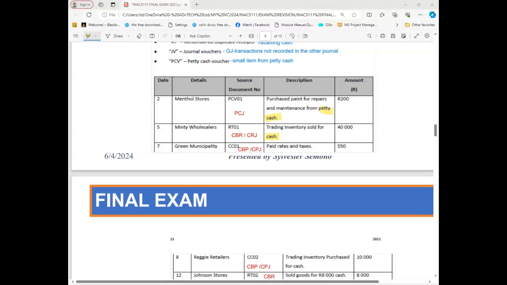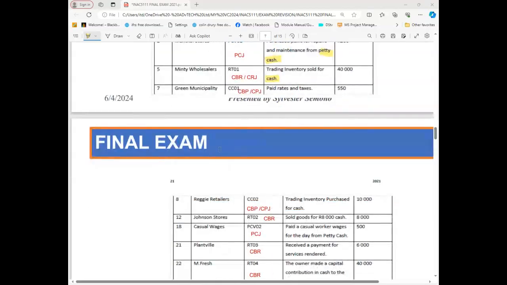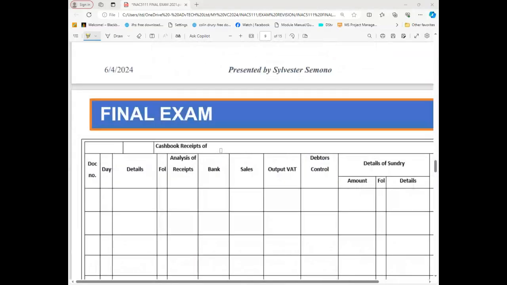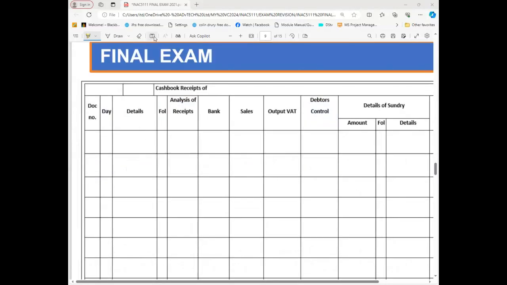Just gonna double check something. So it's gonna be, note this, RT01. I'm gonna go up there, guys. Sorry guys, the screen is not favorable now.